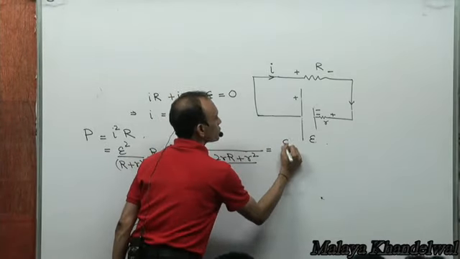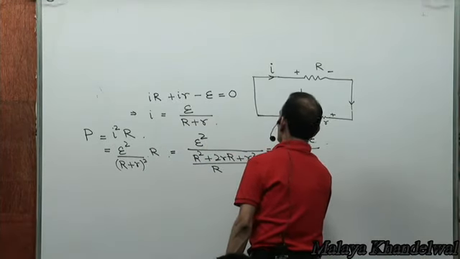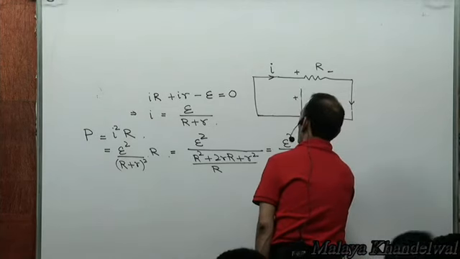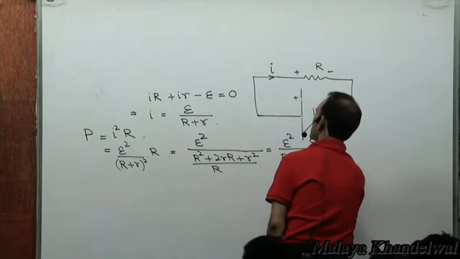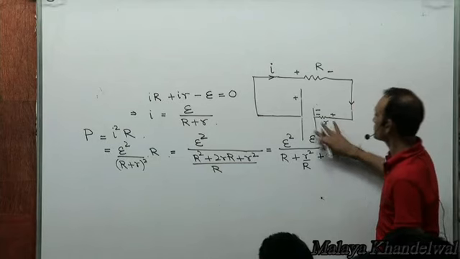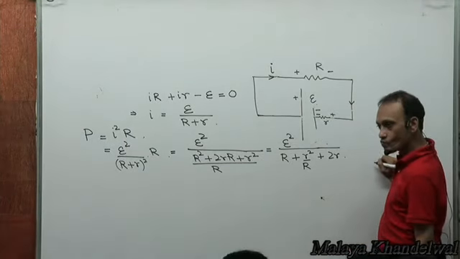This is epsilon squared divided by R plus r squared by capital R plus 2r. Yes or no? Clear?